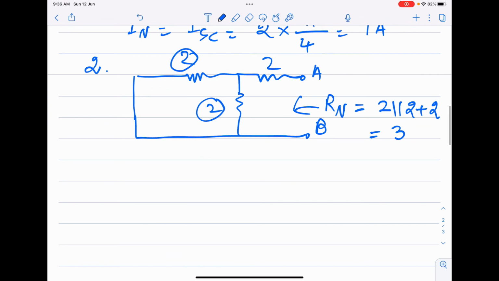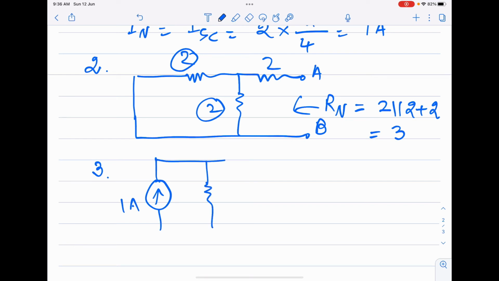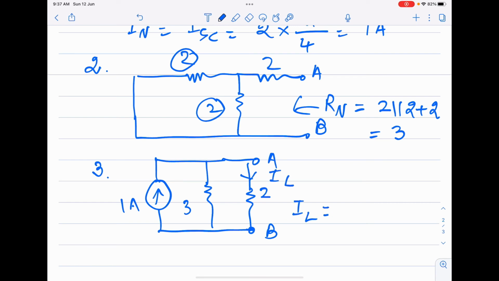So now finally I can get the Norton circuit where I will have a source IN of 1 ampere and a Norton resistance of 3 ohm. Then I connect between the terminals A and B the resistance that was present initially in the circuit, so that I can calculate the value of IL.